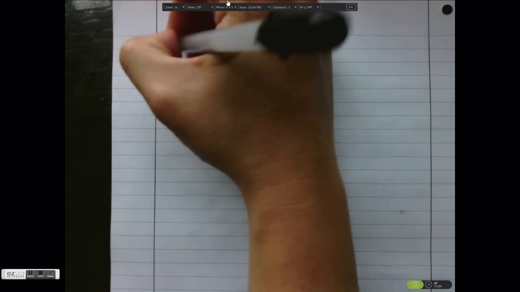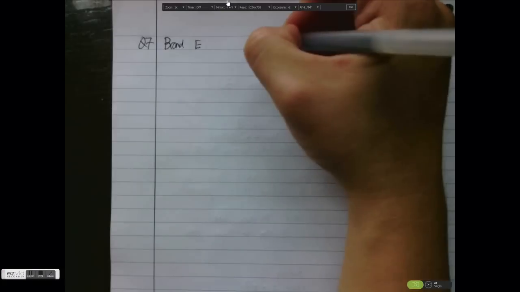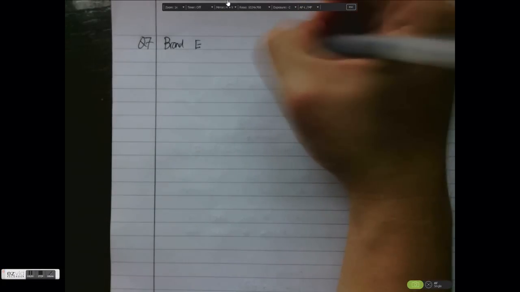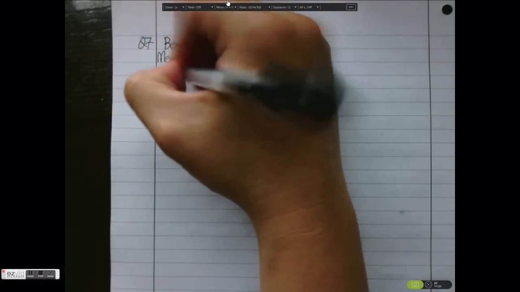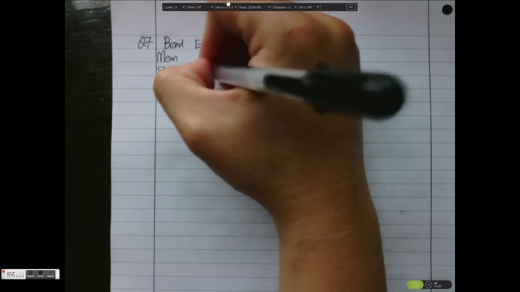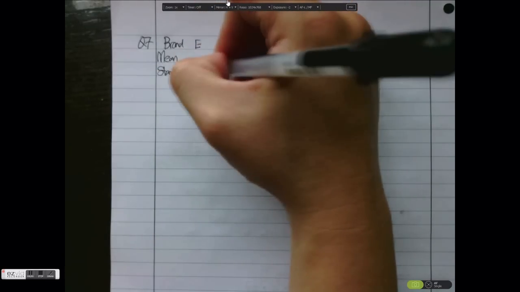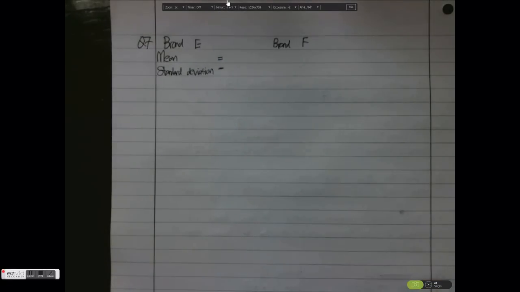Now I just have to find for brand E and brand F. Once again, it would be best if you pause the video and try to find the mean and standard deviation of the tensile strengths. Okay, the mean tensile strength is 140 newtons.